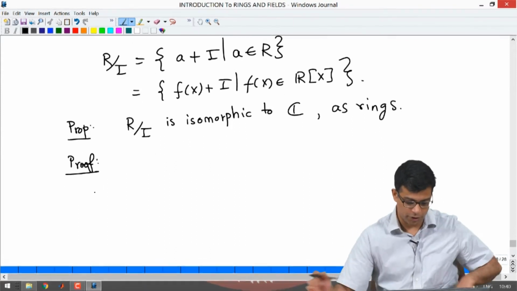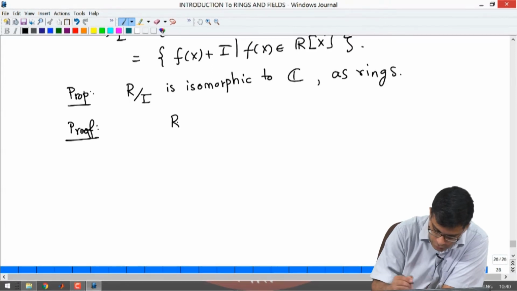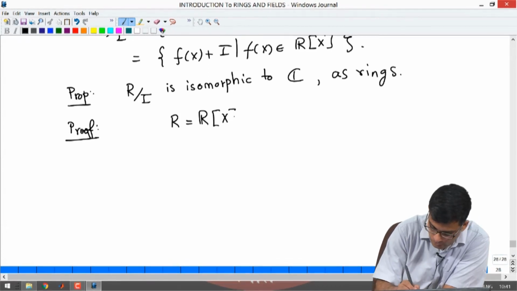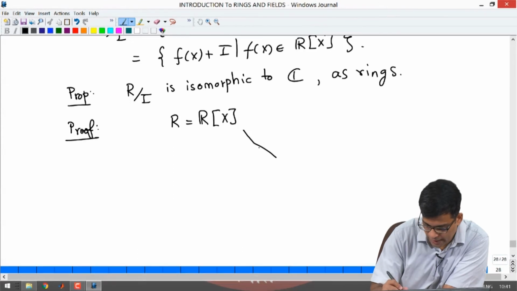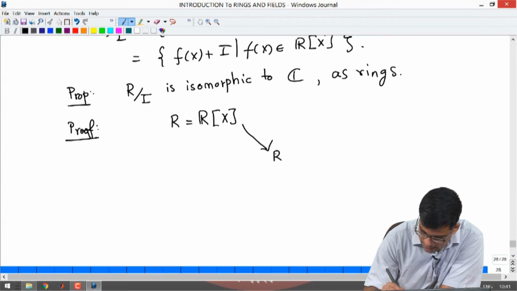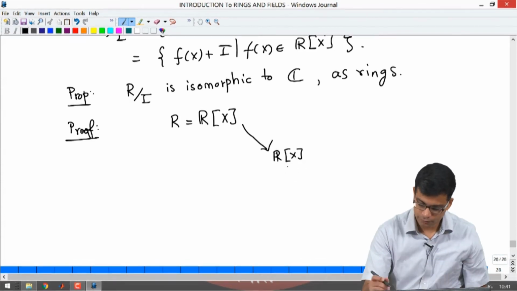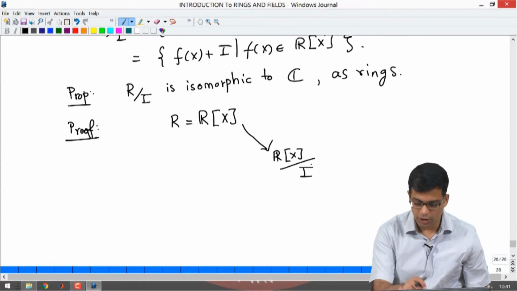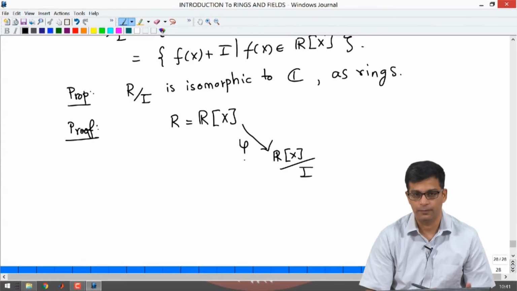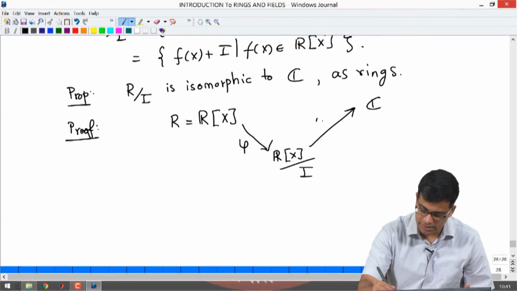What I will do is the following. So, this is the picture. We have R[x], so this is useful to keep in mind. The standard or natural map we have from R[x] to R[x] mod I. There is always a natural map that I defined by phi. Now I want to define a map to C, let us say I call it psi.